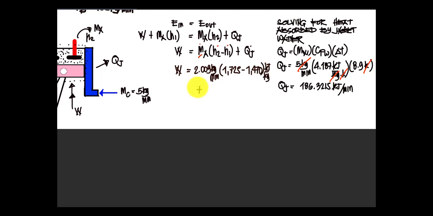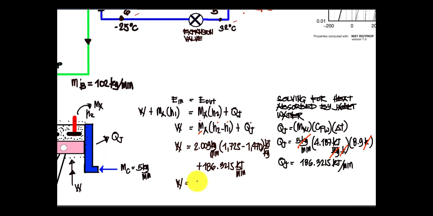Then I'm gonna add the heat, which is 186.3215, in kilojoule per minute. So the work is now equal to 698.6165 kilojoule per minute.